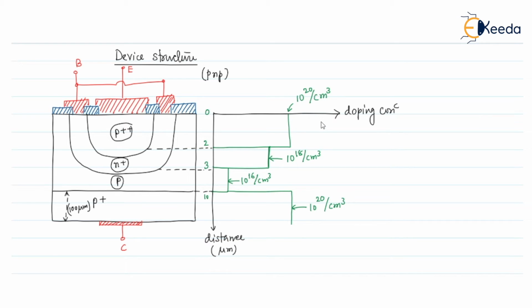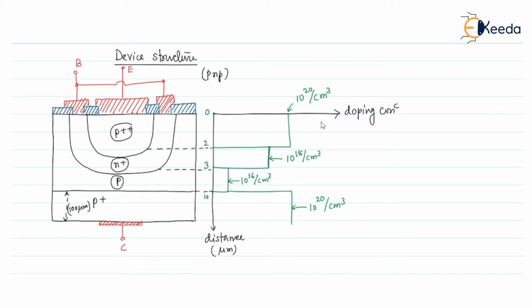So this is the doping concentration profile, and this structure is the realistic cross-sectional view of a bipolar junction transistor.